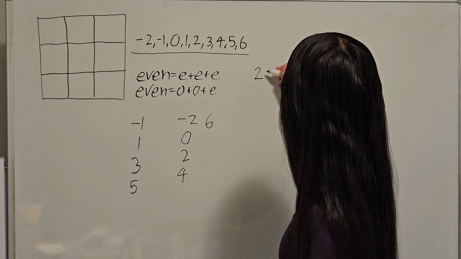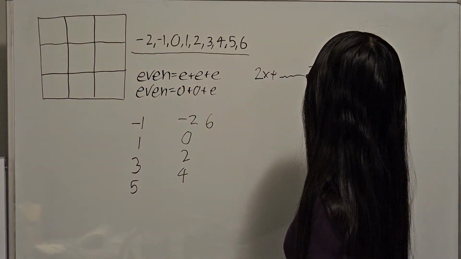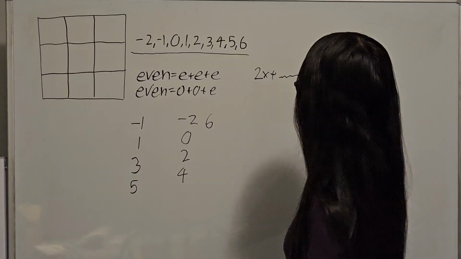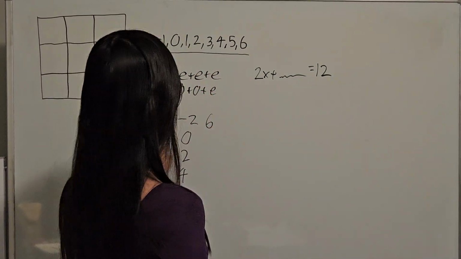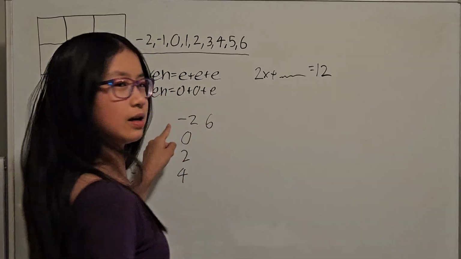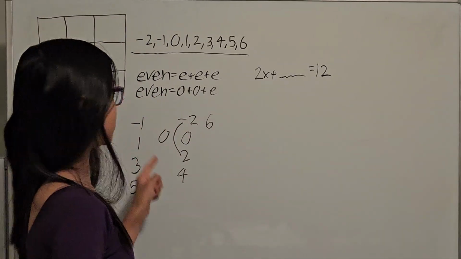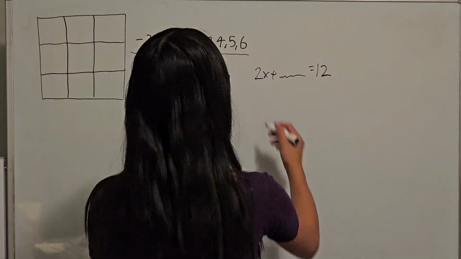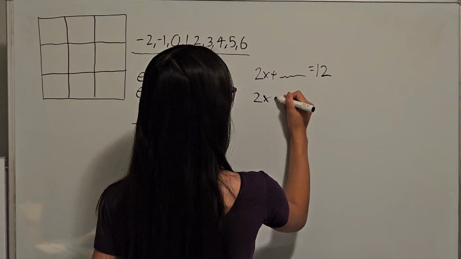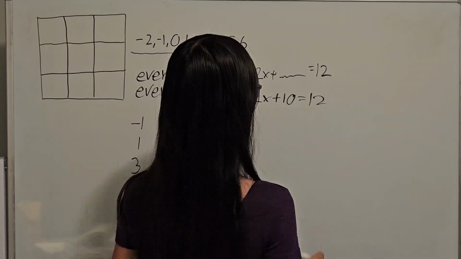So 2x plus the rest equals 12. So we have the even numbers here. We can find the sum of the even numbers. So these two are 0. 0 plus 0 is 0. And then 4 plus 6 is 10. So 2x plus 10 equals 12.